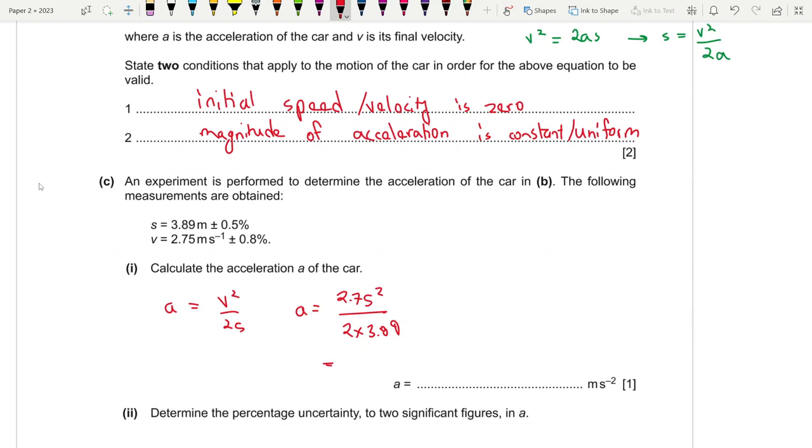So we should opt for a 3SF answer. 2.75 squared by 2 into 3.89. So we're getting an answer of 0.972. In the mark scheme, they use 0.97 and they wrote in the guidance part, allow 2 significant figures or more. Basically, it should be 3SF since the data is given to 3SF.